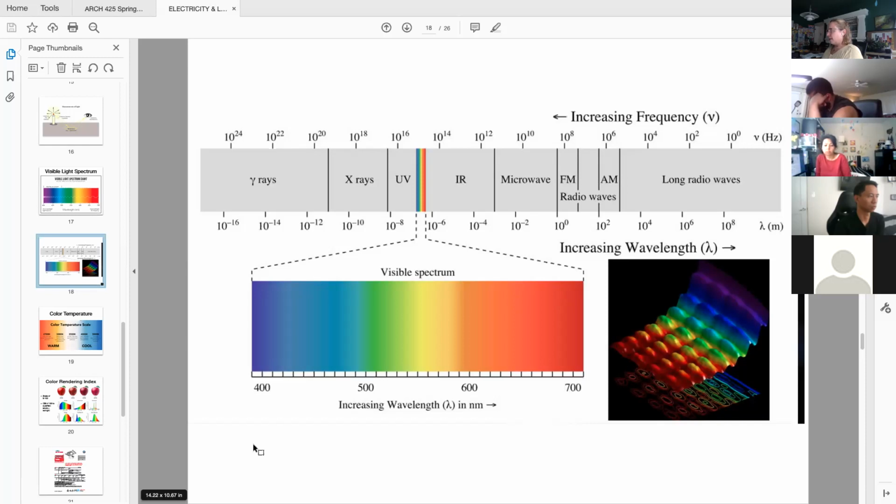I can understand microwaves being similar to light waves because they create heat and they heat up our food in a microwave. But it's really interesting to think of radio waves as being similar to light waves, but so far spread out that they're not visible to the human eye. So that's the visible spectrum.